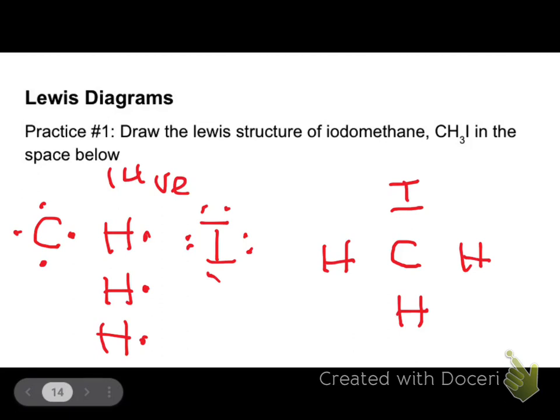Okay, now we're going to do what? What's next? We've drawn our basic structure. Yeah, we're adding in a single bond for each of these. We're starting off assuming a single bond. And then what do we need to do?